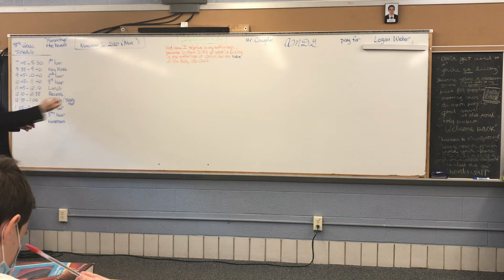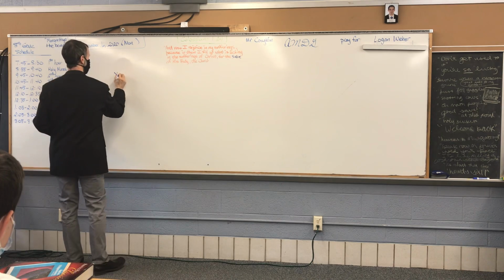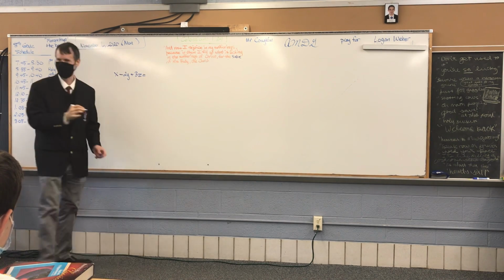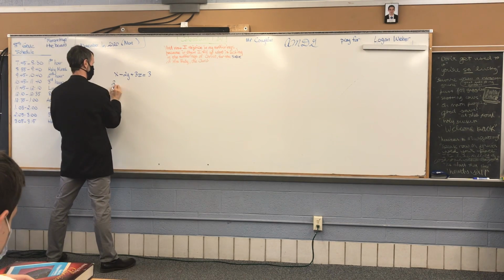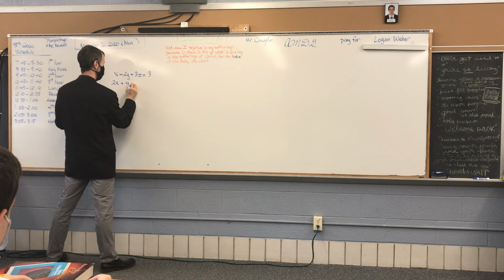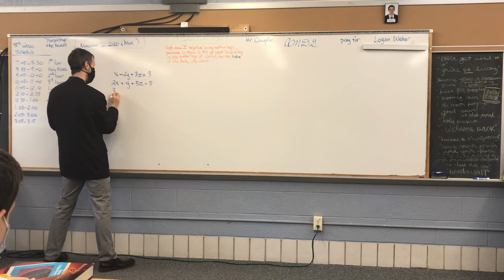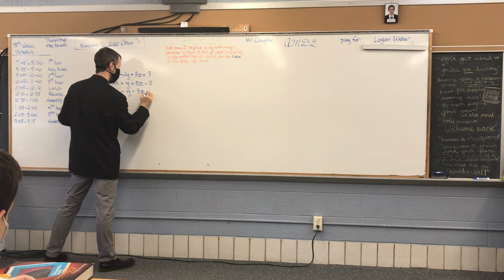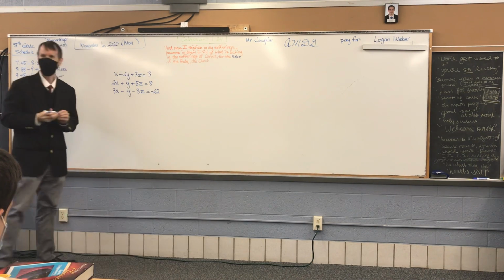It's x minus 2y plus 3z equals 3. What's the next one? 2x plus y plus 5z equals 8. And the next? 3x minus y minus 3z equals -22.